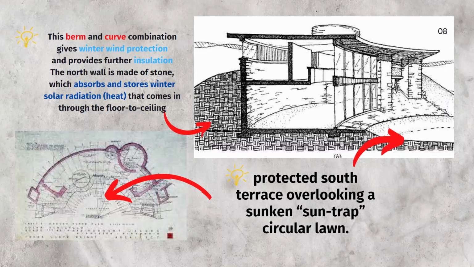In the solar hemicycle house, the protection from summer overheating is provided by an overhang alongside the south glass walls as well as by the shaded and cool thermal mass of the north stone berm wall combination. The high windows in both the north and the south walls allow warm air to rise and escape.